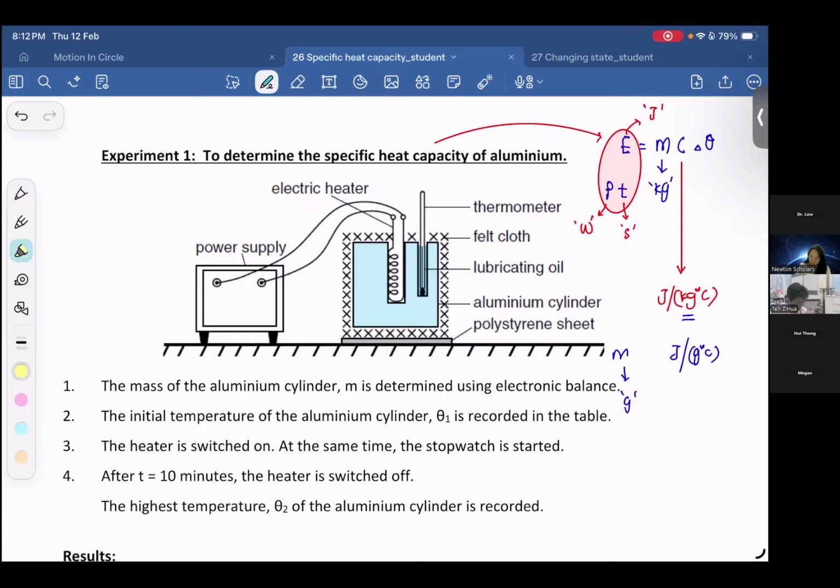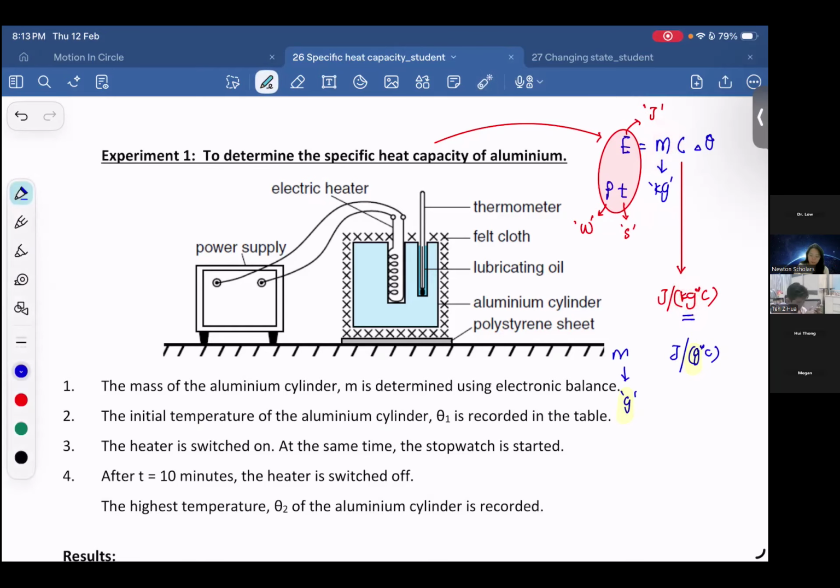The units must tally, they must be the same. It depends on the question. It might give you the water specific heat capacity in joule per gram degree Celsius, then the mass in the formula should be in gram to tally. But right now we want kg, so please make sure your mass is in kg.